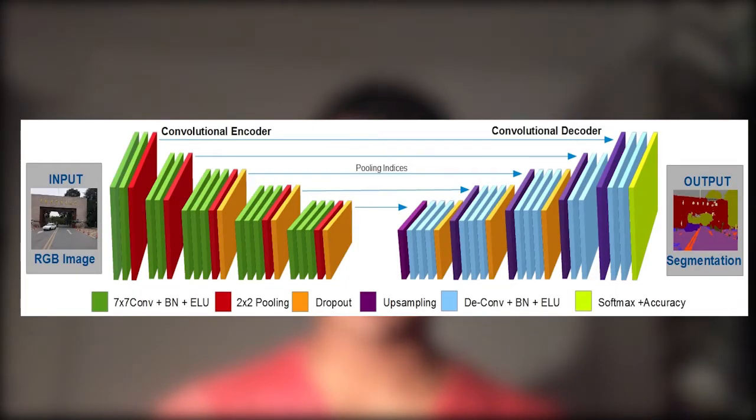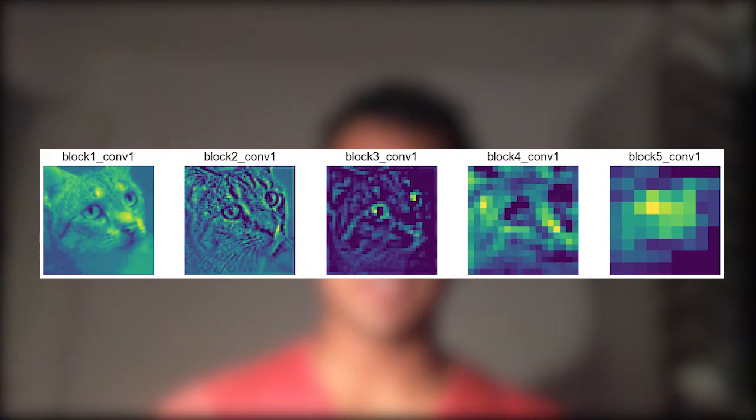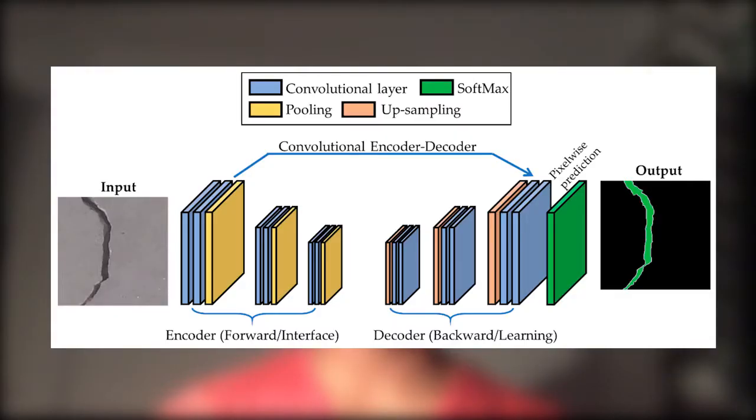So the encoding stage deconstructs an input into a feature vector, and then the decoding stage combines the earlier layers of the encoding stage, which have a better spatial understanding, so they understand more where objects are in the image, and it combines it with the later layers in the encoding stage, which have a better feature understanding.